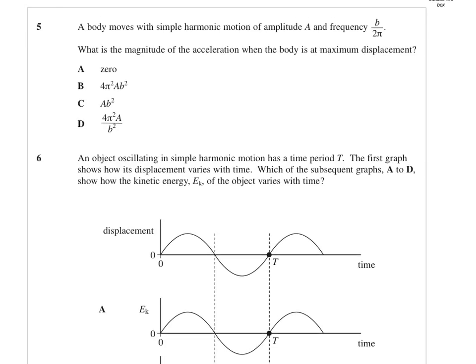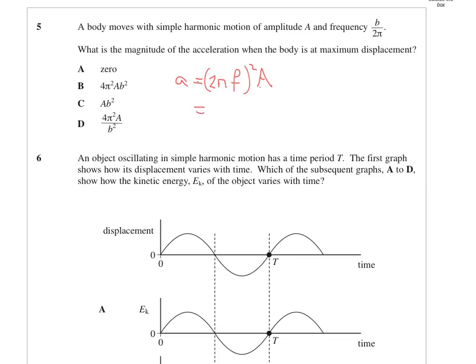Okay, a body moves with simple harmonic motion of amplitude a and frequency b over 2 pi. What is the magnitude of the acceleration when the body is at maximum displacement? So the acceleration is going to be 2 pi f squared, and the maximum acceleration will be when it's at the amplitude.